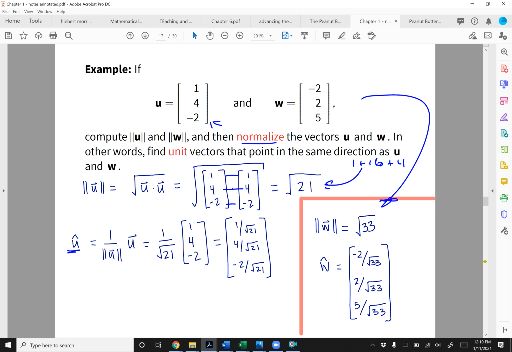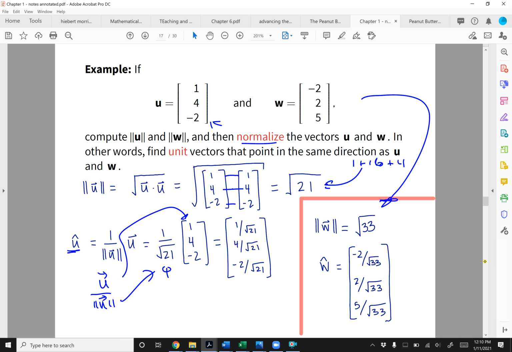To calculate the unit vector, you take the vector u and you divide it by the length of u. Here we're dividing by the length of u, and this is u right there.